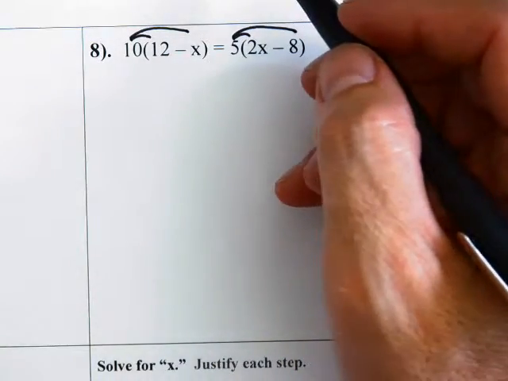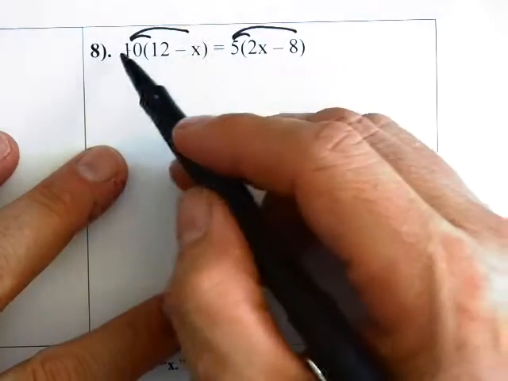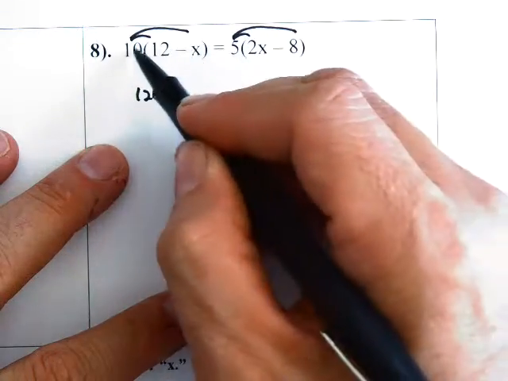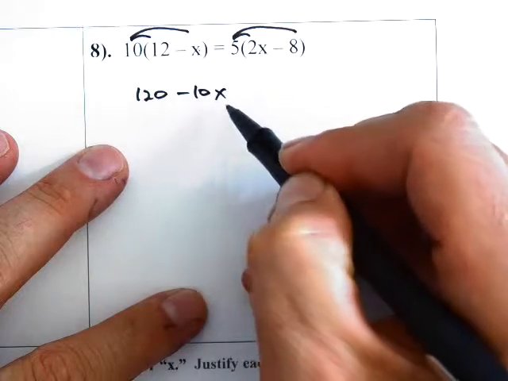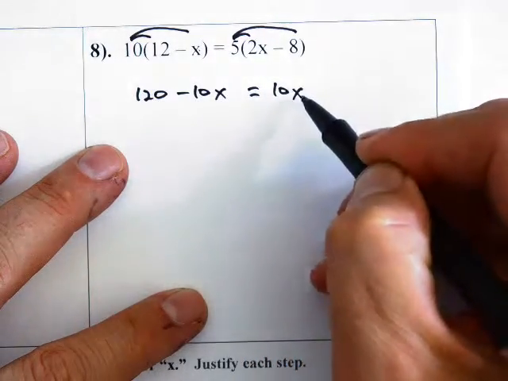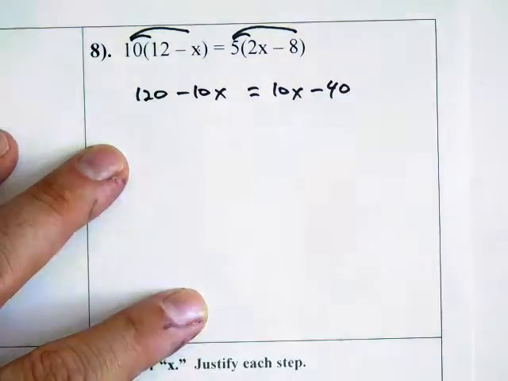That's probably the way your teacher said it, but you could just say you pass them out. But you've got to remember that you're doing multiplication when you do that. Okay, so 10 times 12 is 120, minus 10 times x is 10x, and here 5 times 2x is 10x, and then 5 times negative 8 is negative 40.